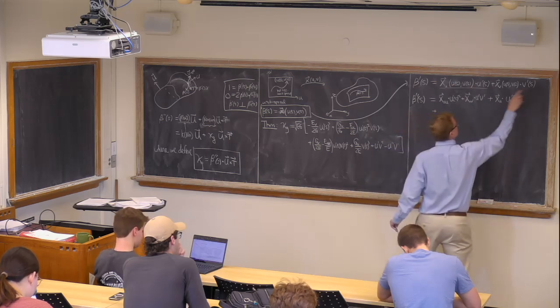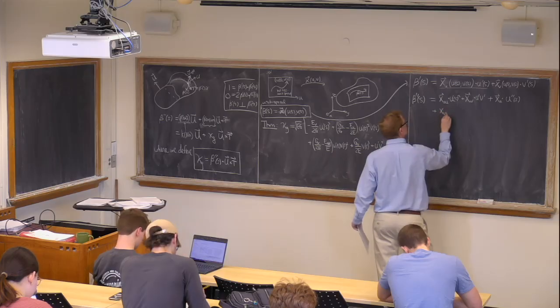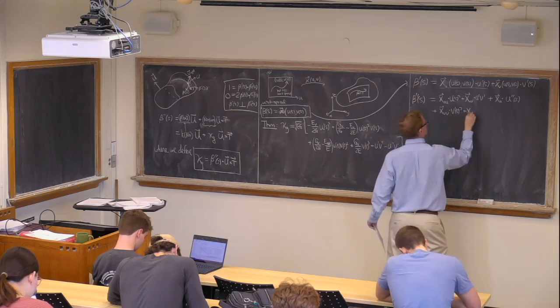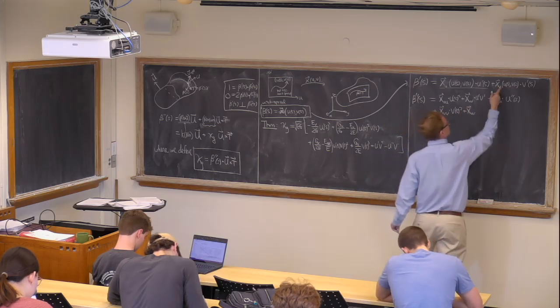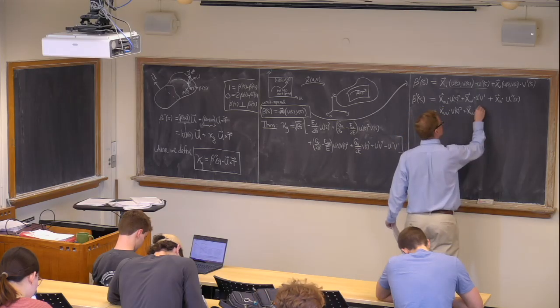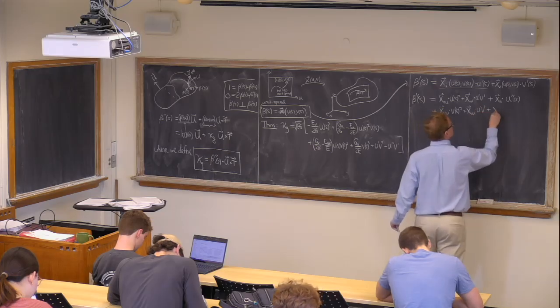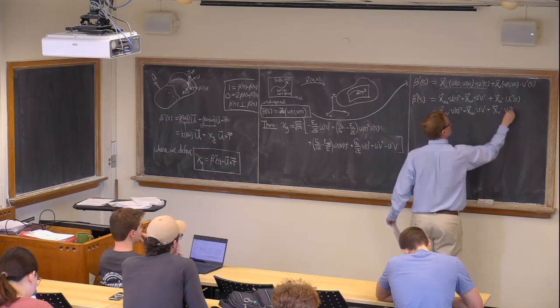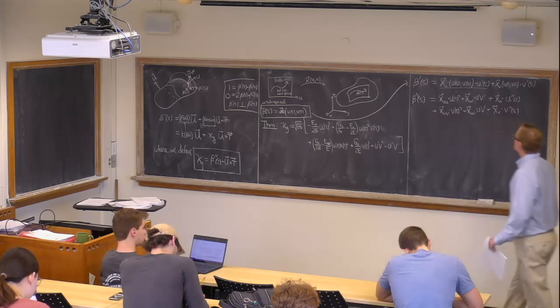I'll do the second term first. So again, x_vv times v prime of s squared plus x_uv. So I'll take the u partial derivative, and that's going to have another u prime coming out times u prime v prime. And then the product rule is going to give me an x_v times v double prime of s. And there you go. Product rule and chain rule gives me that.